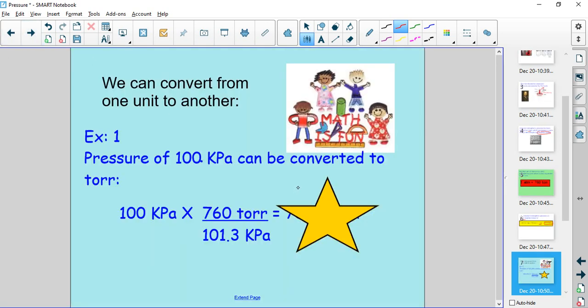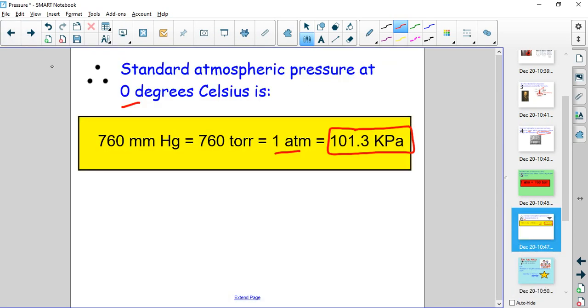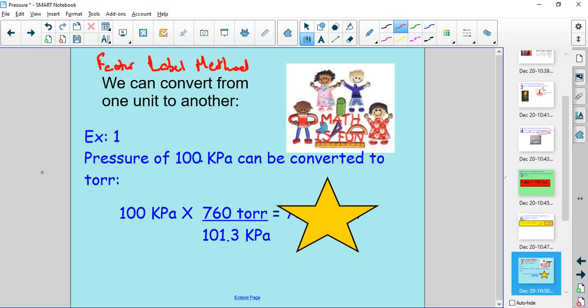Using a bit of math here, and what we've hopefully perfected now, the factor label method, you can convert between these different units and amounts. Here, the pressure of 100 kilopascals can be converted to torr in this way.